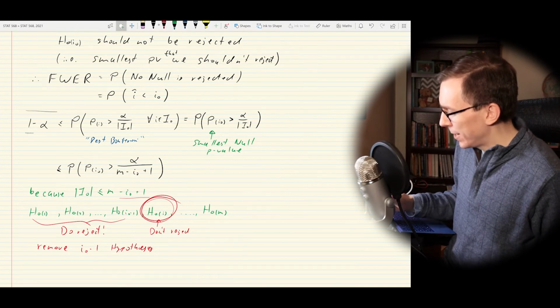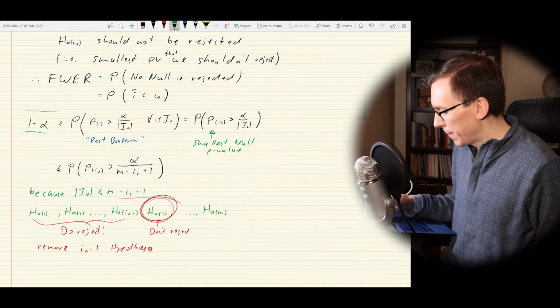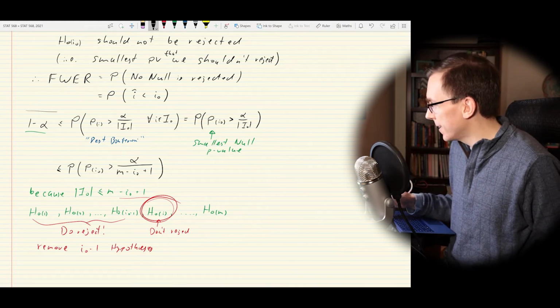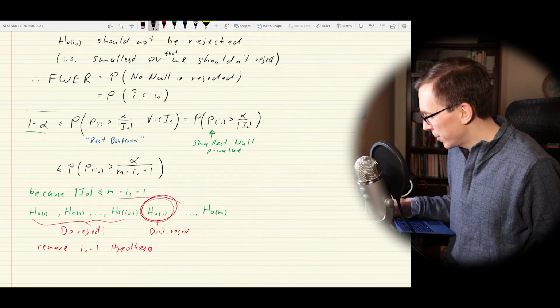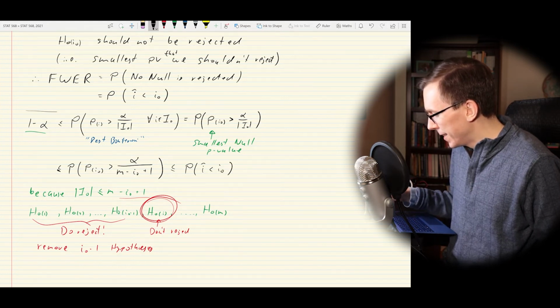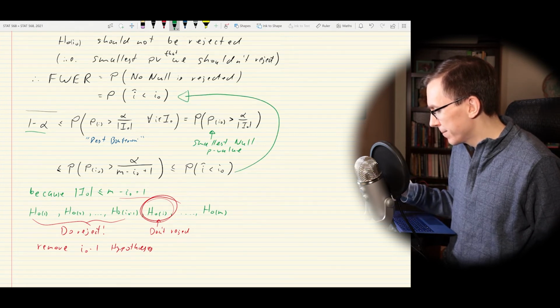We have 1 minus alpha on the left, and that's going to be less than or equal to this probability statement, and this probability statement here is less than or equal to the probability that I hat is less than I naught, which, as we said above, is the family-wise, well, probability that no null is rejected.